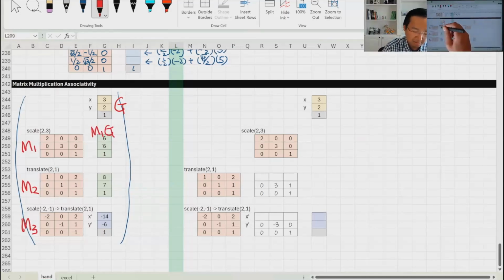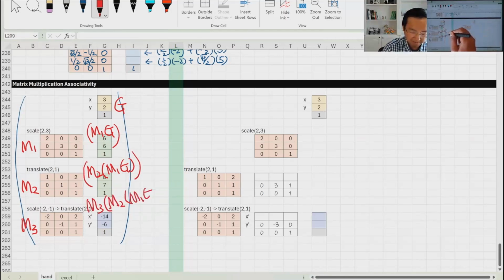And then we multiply this with M2, M2 times the result of M1 times G. Then at the end, we multiply with M3. So the parentheses imply the order of the multiplication. This is like what we did earlier, just following the right sequence.